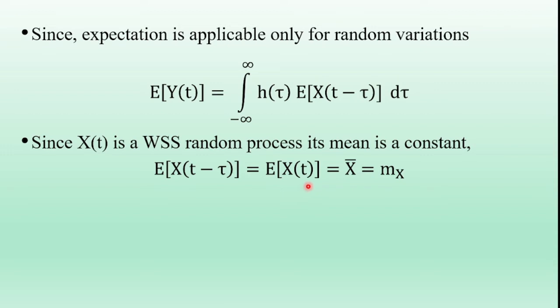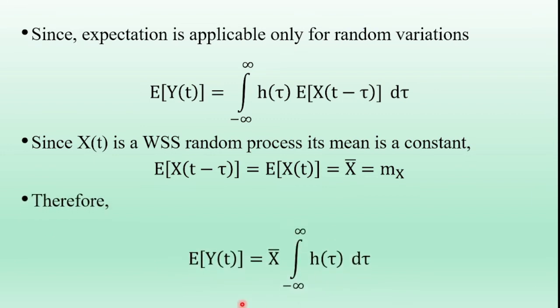This expectation of x(t) is also denoted as m_x or x bar. Therefore, applying this condition to the RHS of the above expression, we get E[y(t)] equal to E[x(t − τ)], which is x bar or m_x, times the integral from minus infinity to infinity of h(τ) dτ.